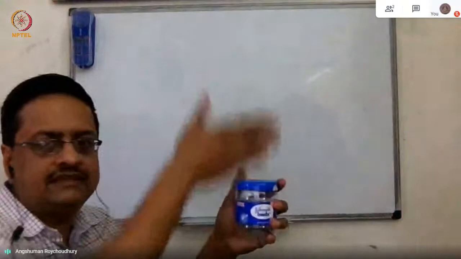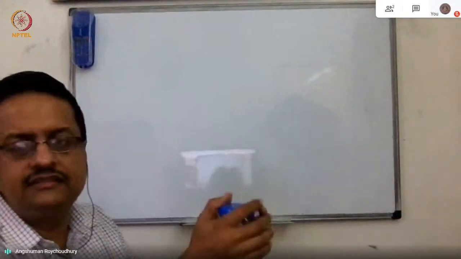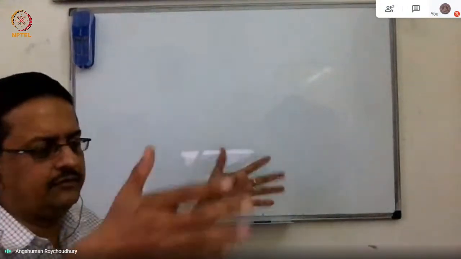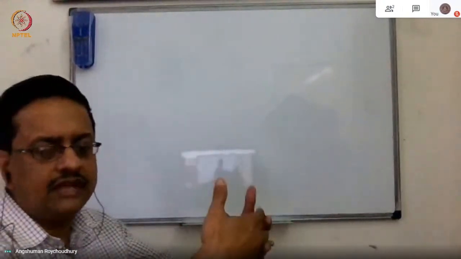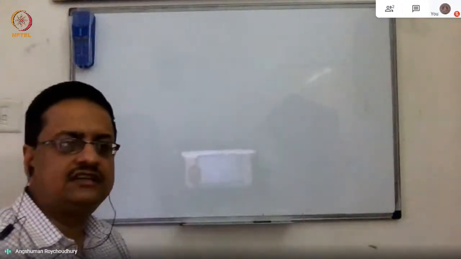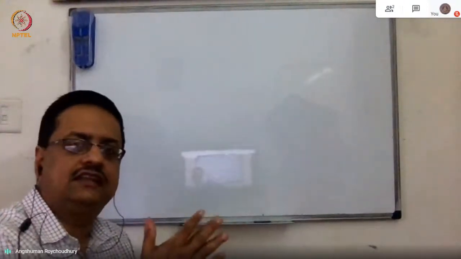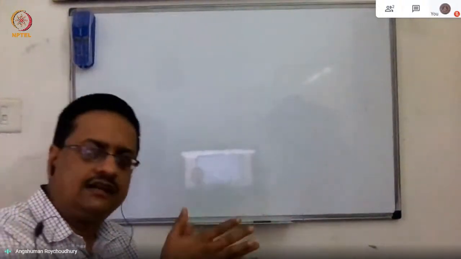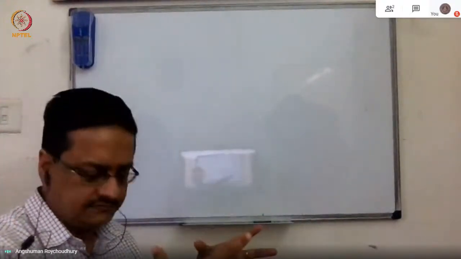We would like to make slices of this box and then see what is inside. Suppose you have a large piece of loaf, a piece of bread, that is not sliced. You don't know whether it has kaju kismis inside, or some fruits, or nothing. So what we try to do is cut the bread in multiple slices and then try to understand what is inside. Now the finer your cut, the finer your understanding of the internal structure of that particular piece of bread.